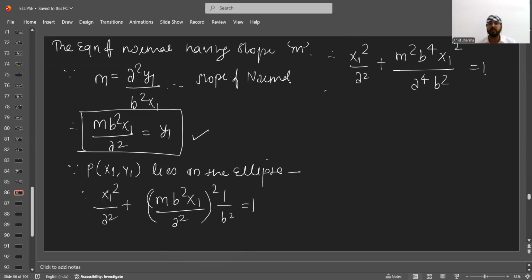So from here b square gets cancelled. That means I now get x1 square over a square plus m square b square into x1 square over a to the power 4 is equal to 1.